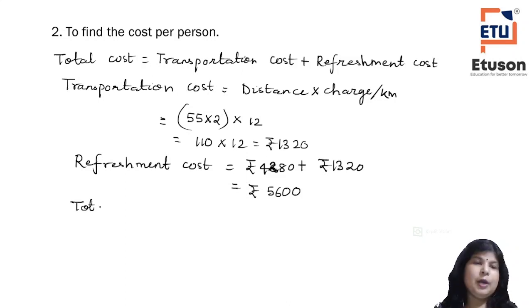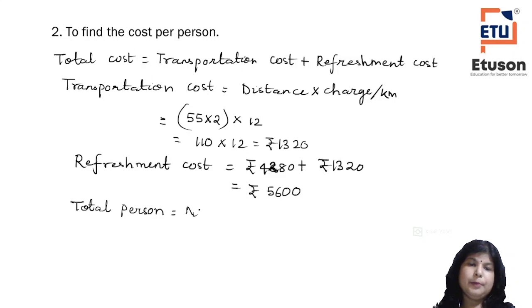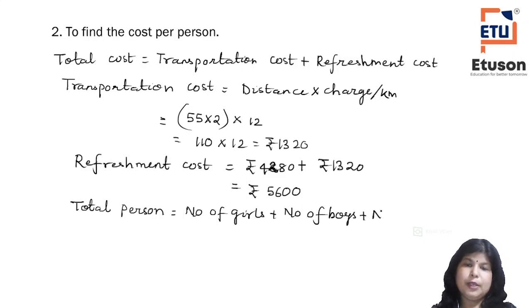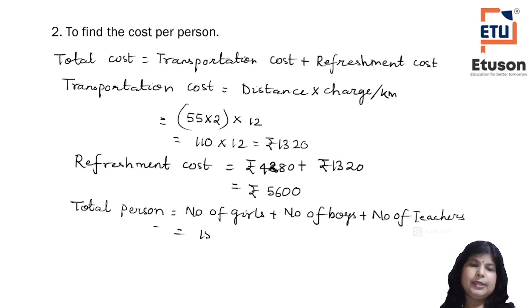Now you have to find out the cost per person. For that you have to find out the total persons traveling, right? So total persons are equal to number of girls plus number of boys plus number of teachers. So that is equal to 18 plus 12 plus 2, so that is 32. So what will be the cost per head?